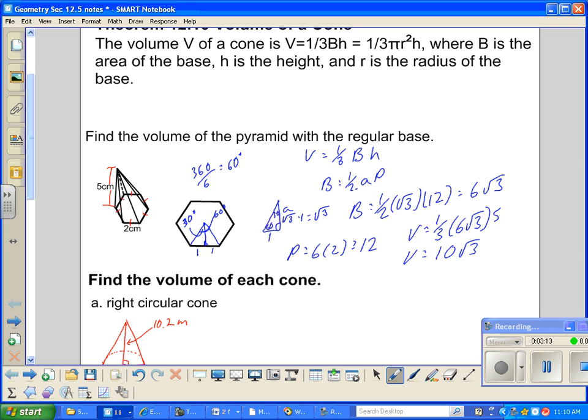So 10 square roots of 3, or we can plug that into a calculator, and 10 times the square root of 3 is 17.3, and it's going to be centimeters cubed.